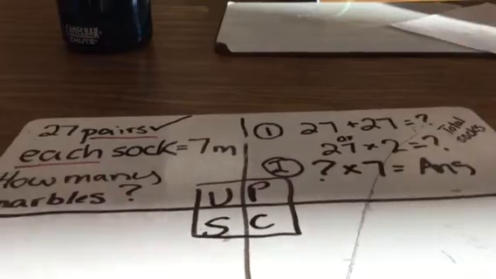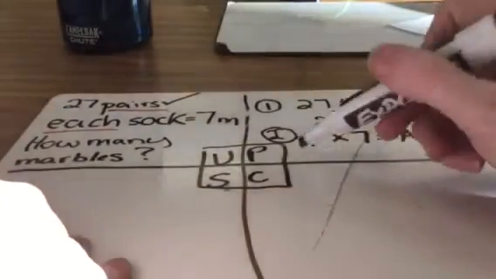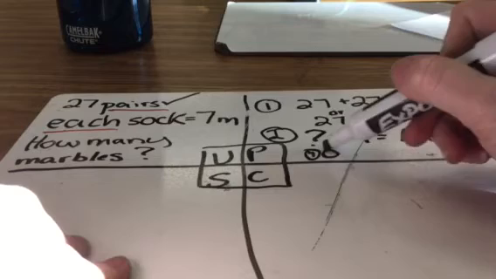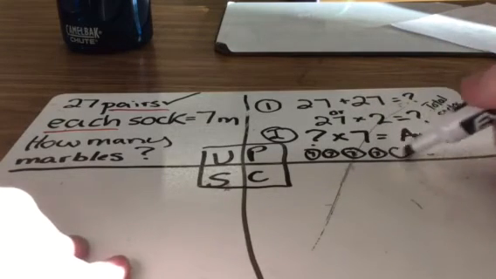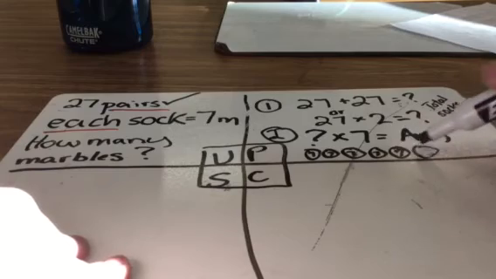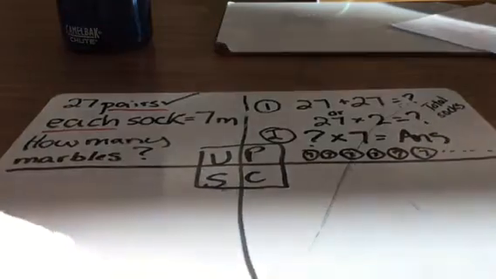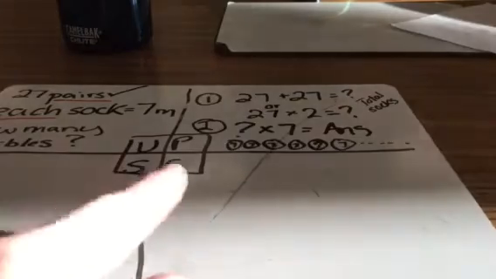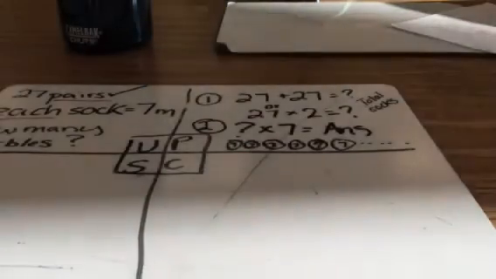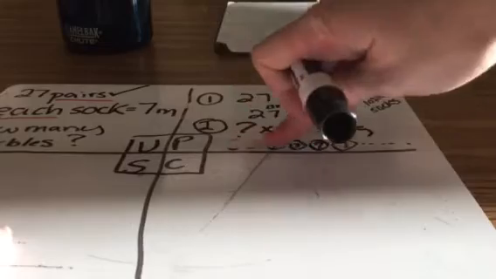And if you don't believe me, we can start drawing. Here's 1 sock with 7. Here's 2 socks with 7. 3 socks with 7. 4 socks have 7. 5 socks have 7. 6 socks have 7, and so forth until we get all of the socks, okay? Which is why it's multiplication, because these look like groups.